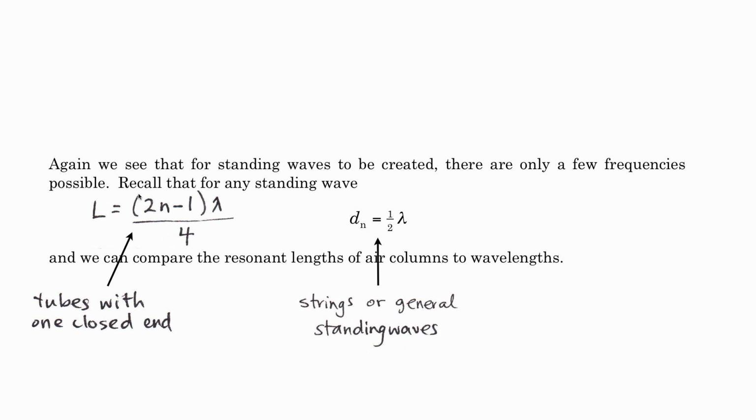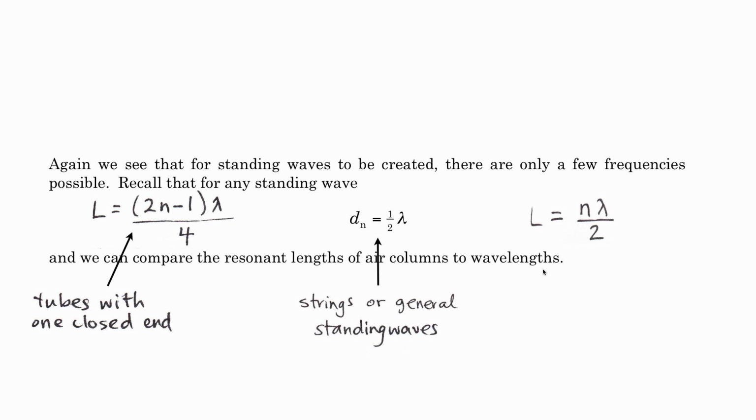And this little relationship, 2n minus 1, gives me, if n equals 1, I get 1. If n equals 2, I get 3. If n equals 3, I get 5. This little expression right here will give me the different harmonics for all the different resonant lengths.